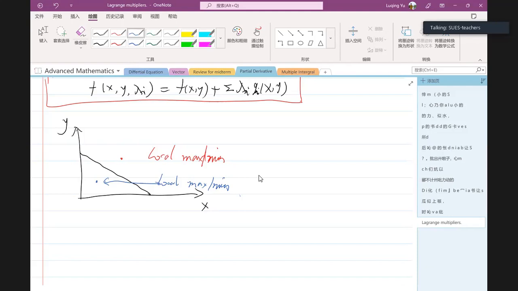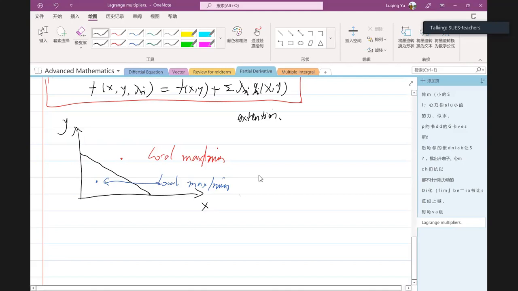This is what I want to mention, but you can treat it as an extension. In our finals, we're not going to ask you to classify whether the critical point is within the constraint, that is, whether the constraint works.